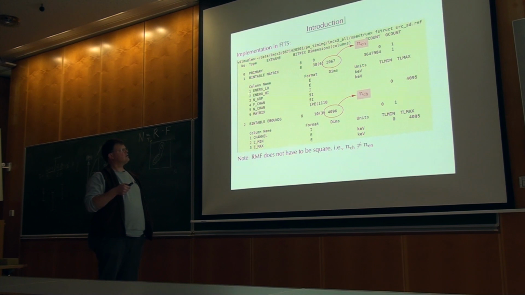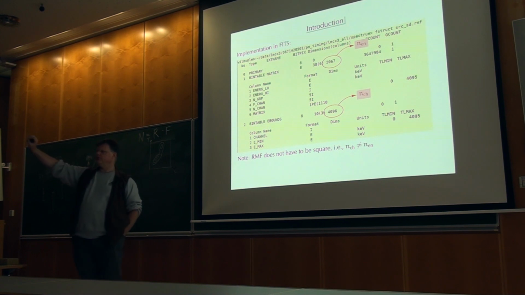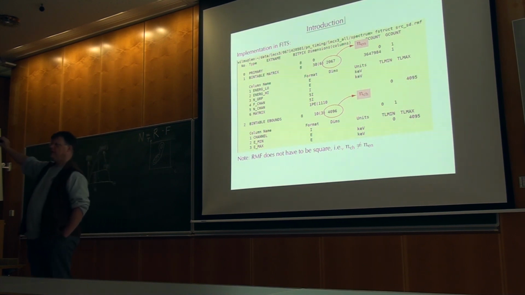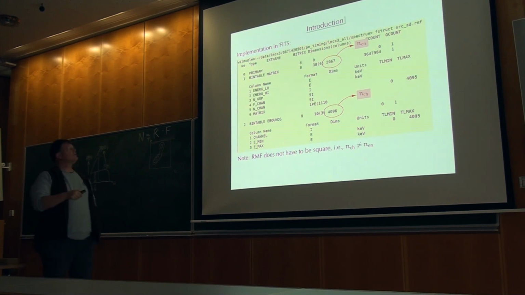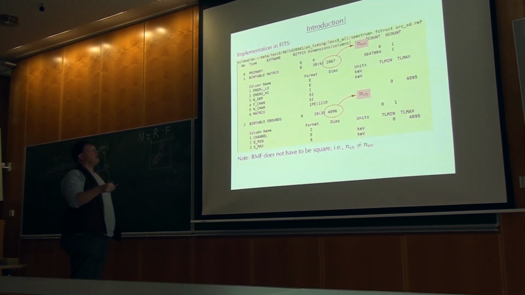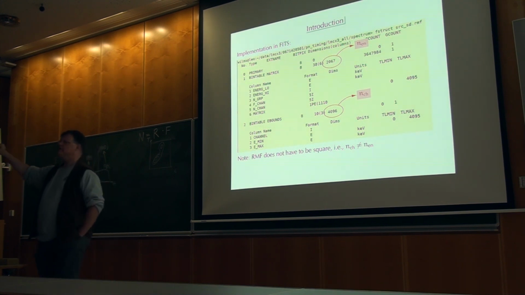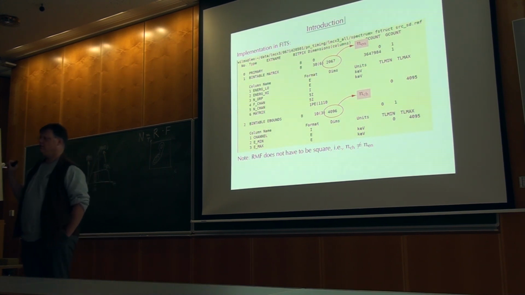What it tells you here in the columns is there is a low energy and a high energy, and this information down here is one row of this figure that I plotted previously. Okay. So what this tells you is for a photon between the energy low and energy high, this information here gives the probability that you end up in a certain channel.